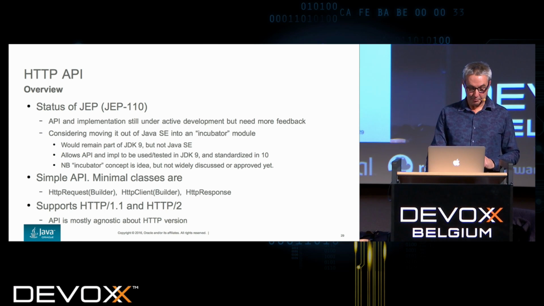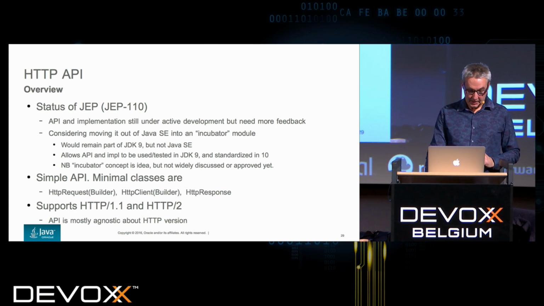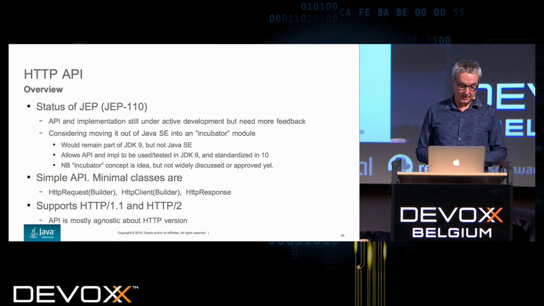But if you're interested in this, I'd keep an eye out for it. One other thing to mention is that this incubator module idea will have its own specific namespace. Up to now, we've been using java.net.http for this work, but that would be different if it moves into this incubator namespace.